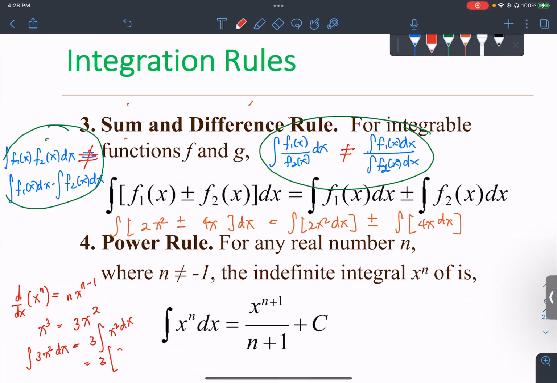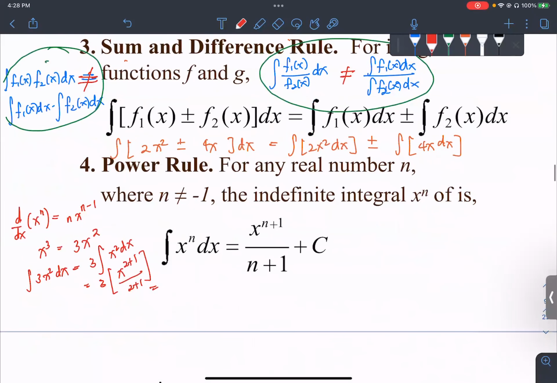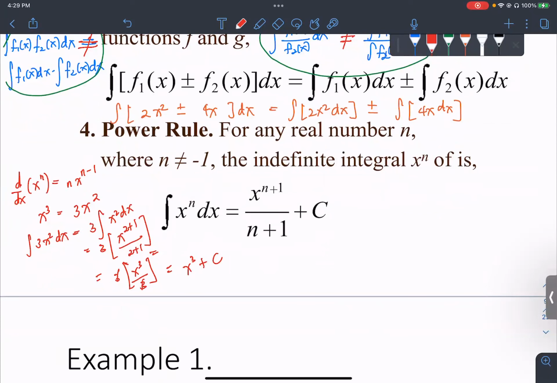So x squared becomes x raised to 2 plus 1 all over 2 plus 1, so 3 x cubed all over 3. And finally, cancel lang yun, so I'll just have x cubed plus c, which is the same as the original. So that's how we use the power rule.